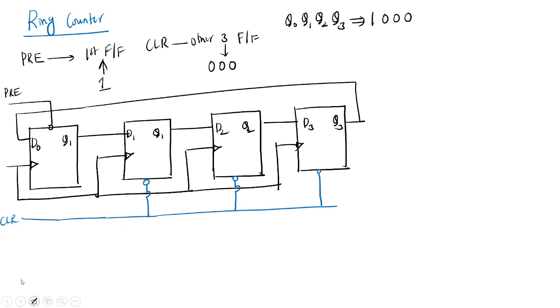Suppose I write the table with Q naught, Q1, Q2 and Q3. This one is the LSB, and this one is the MSB, the most significant bit.